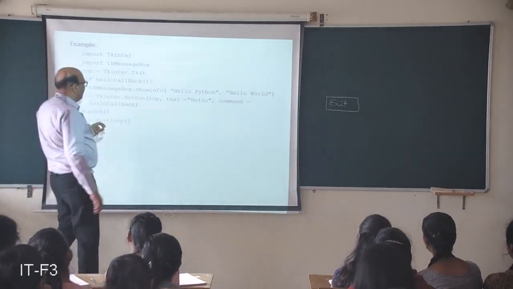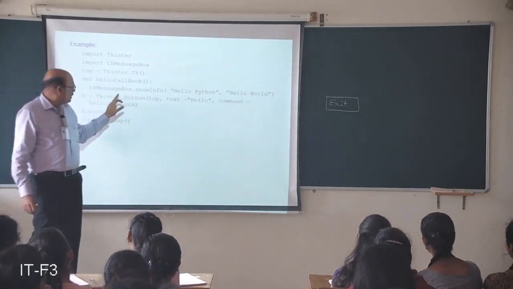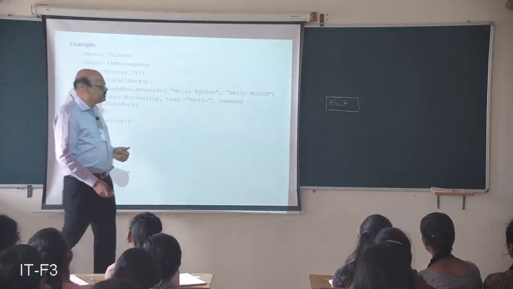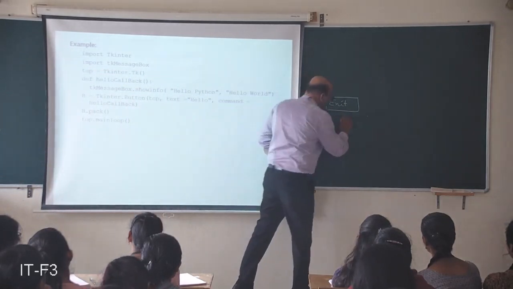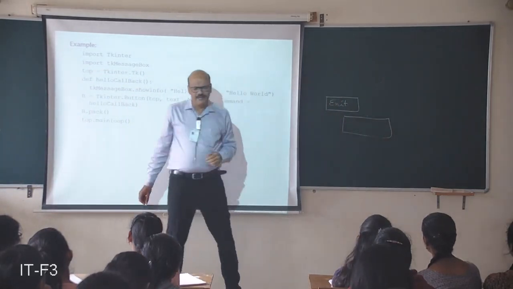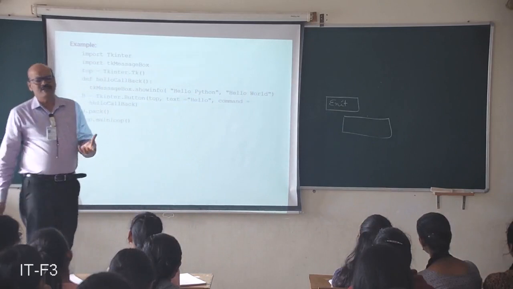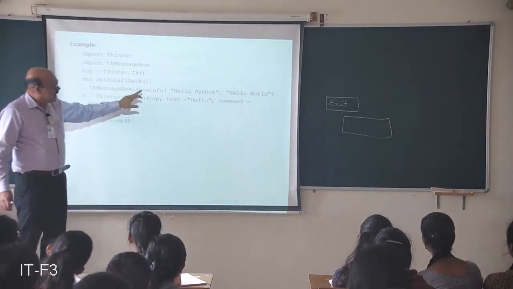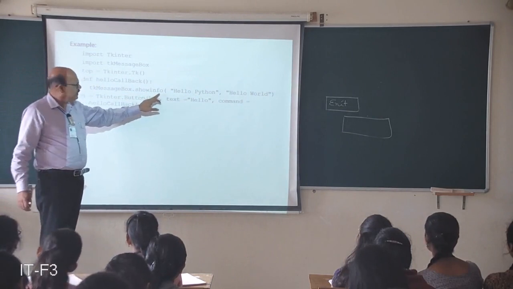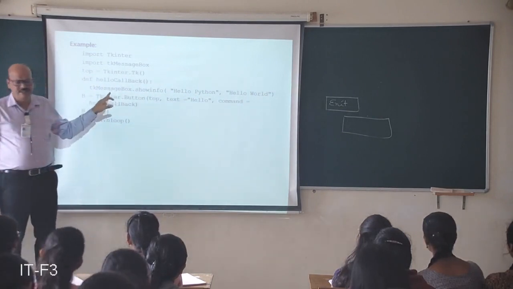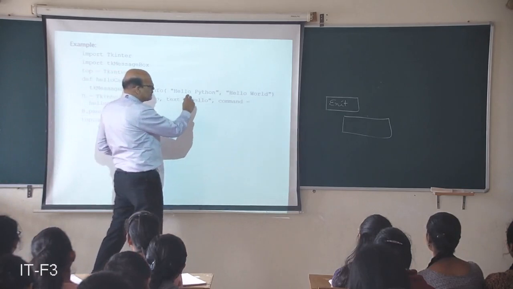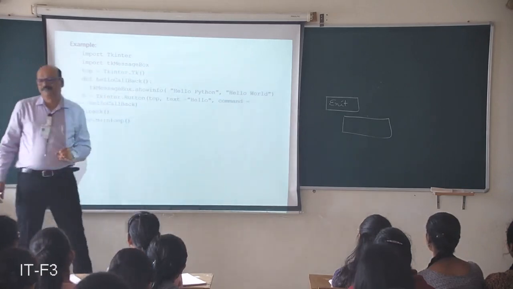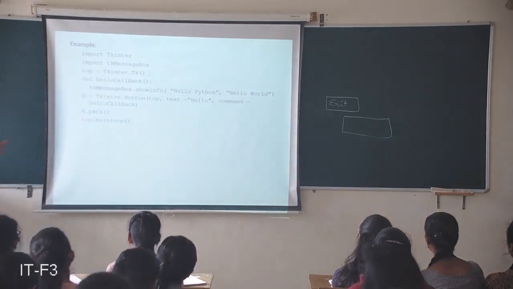It displays a message box, something like a text box with some 3D effect. Whenever this button is clicked, a new message box will be created, and showinfo is a predefined function associated with this message box. It displays the messages hello Python and hello world.